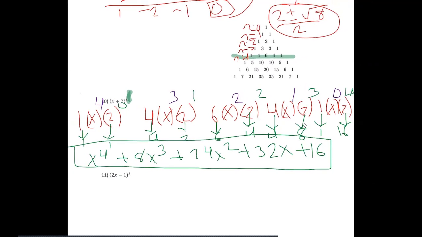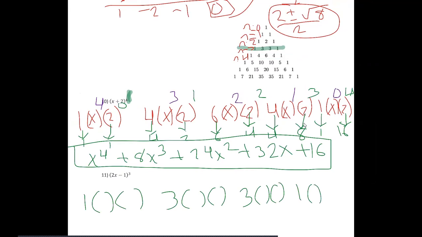And then our last one, since it's a cubic, or up to the third power, you're looking at this row. So I'm going to write my coefficients in my parentheses. Remember, the first part of your binomial goes in the first parentheses, and since it's a -1, you're going to treat it like a -1.